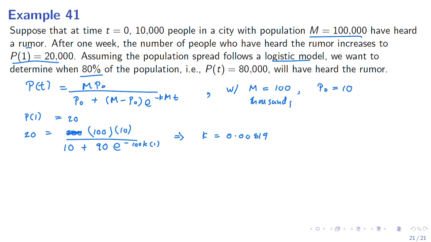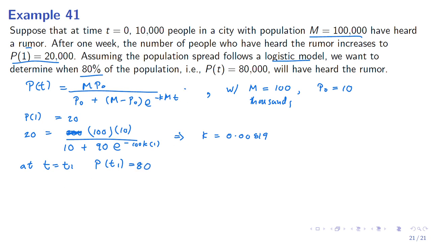So now we know all the parameters we need, and what we need to find out is the time that P becomes 80. Let's say at T equal T1, P of T1 is 80.